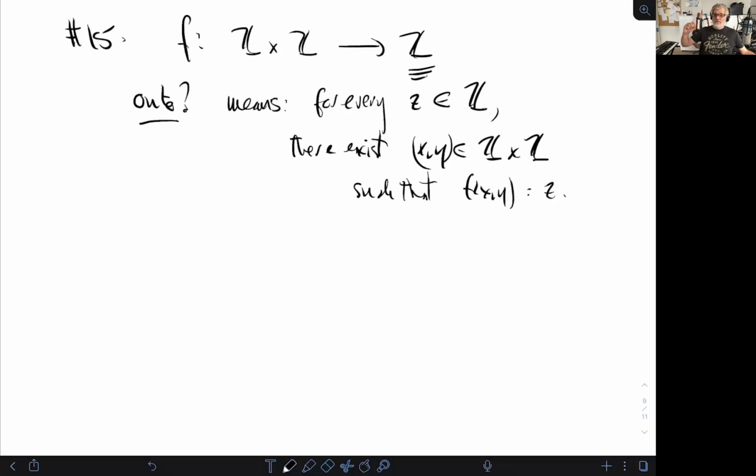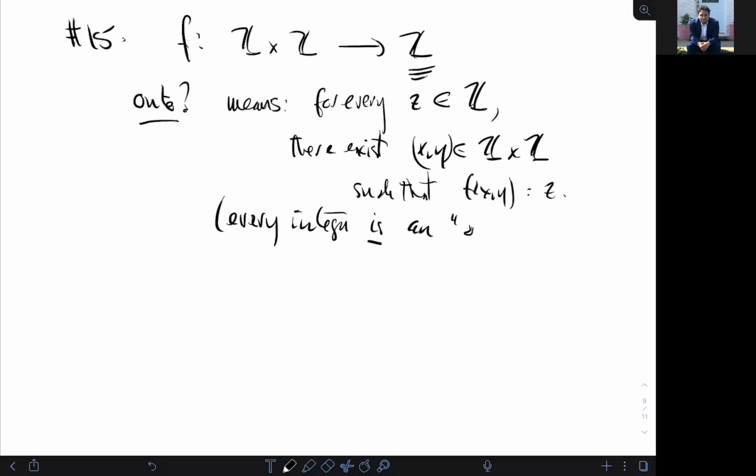So every possible integer is an output of this function. You can hit everybody, okay? Every integer is an output of f.